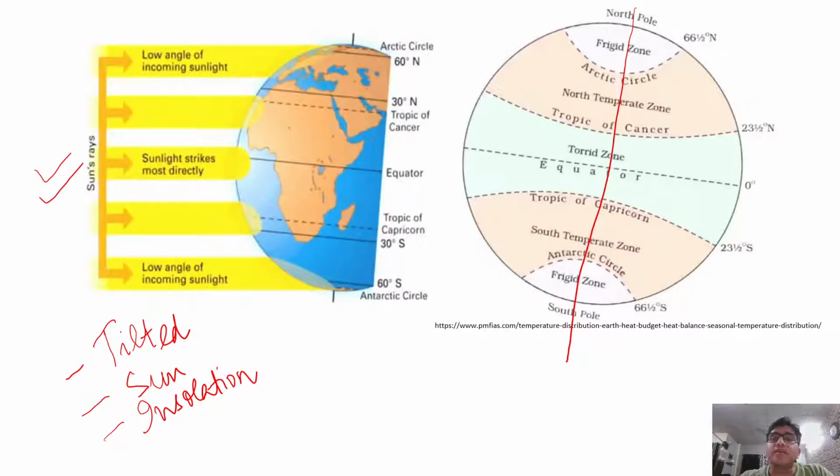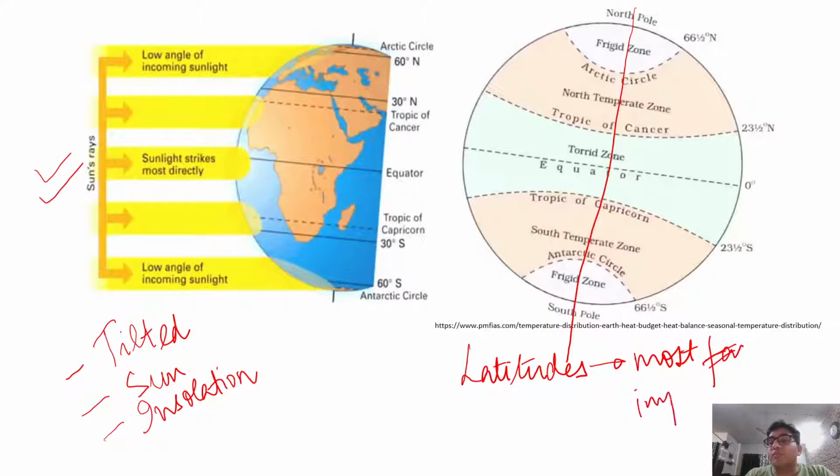So we can see here that the latitudes are the most important factor which controls the heat distribution. Now, this was known to the climatologists and meteorologists long back, and that is why they named these zones on the basis of the temperature.